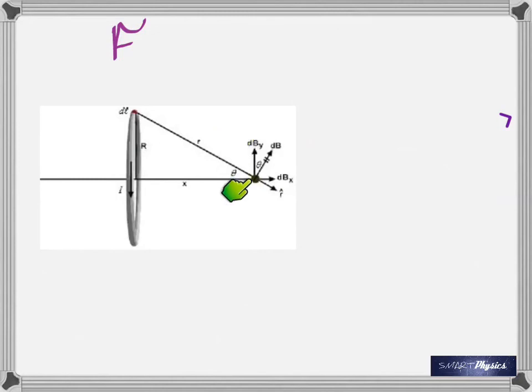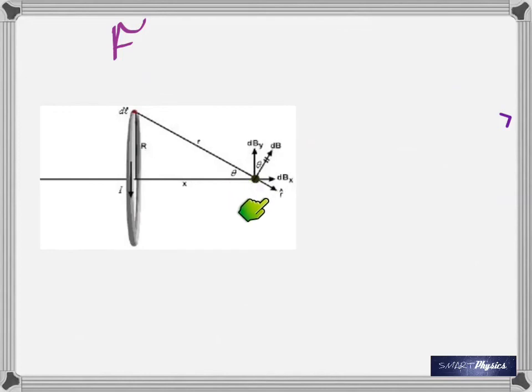Okay, we're almost done. Now, let's consider an elemental conductor exactly opposite to the one that we considered before. Diametrically opposite. Now, can you tell me what the direction of the magnetic field would be? Wouldn't it be perpendicular to this plane? It's not shown in the diagram. Wouldn't it be this way?